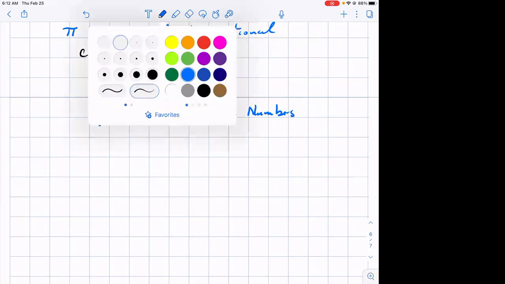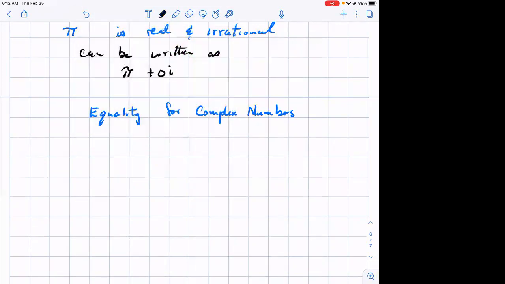So let's think of things that we know. 5 is equal to 5. 5 is definitely equal to 5.